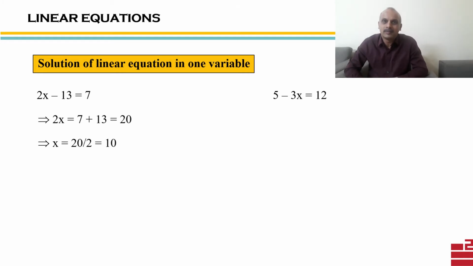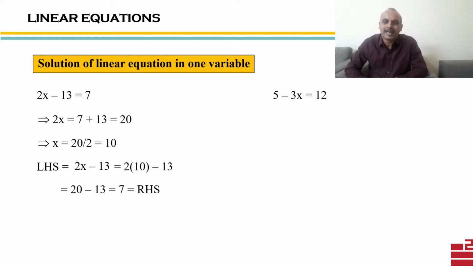So in this case, since we have got the value of x as 10, I can put it back in the equation to see whether LHS is equal to RHS. In case of LHS, my value is 2 into 10 minus 13, and that comes out to 7, which is the RHS.